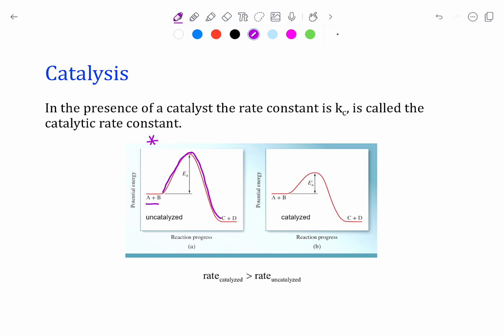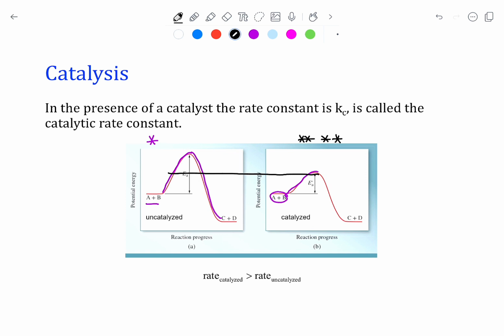If we were to add a catalyst to the reaction, okay, then we start in our reactants, but the hill that we have to go over is going to be much smaller in comparison. So look at that. It's almost like half of the activation energy of the uncatalyzed version. This is going to be significantly more favorable for a reaction pathway rather than the first one because it utilizes less energy, but the outcome is still the same.